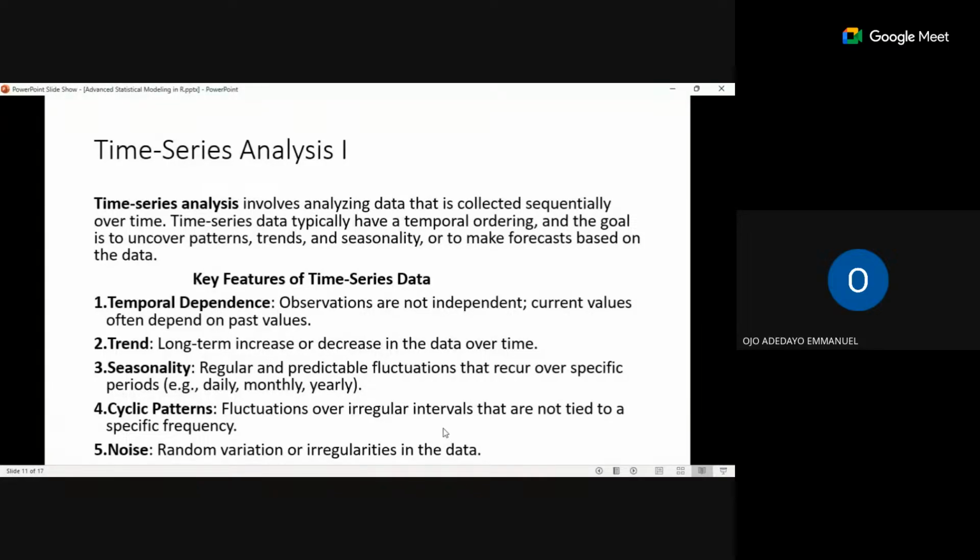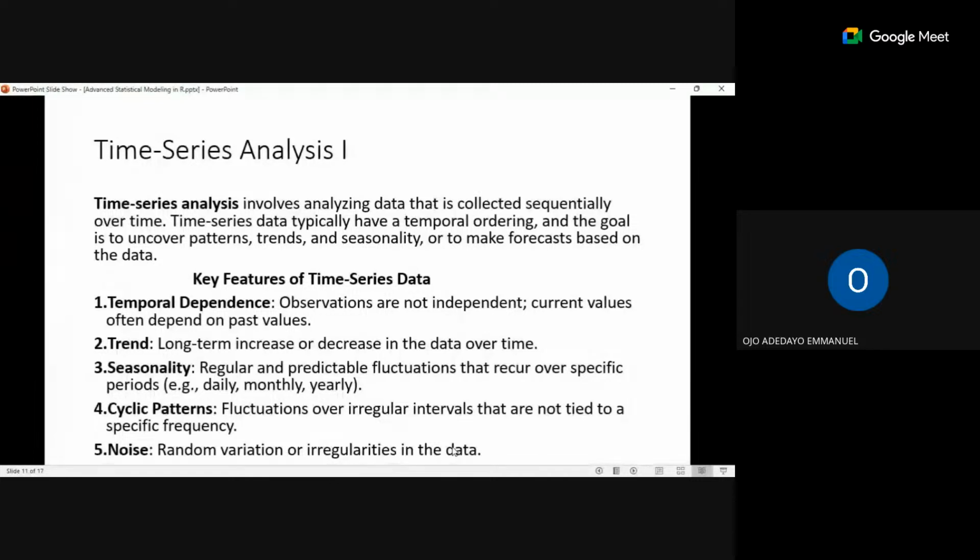So in that sense, it is called monthly, which is under the category of seasonal.